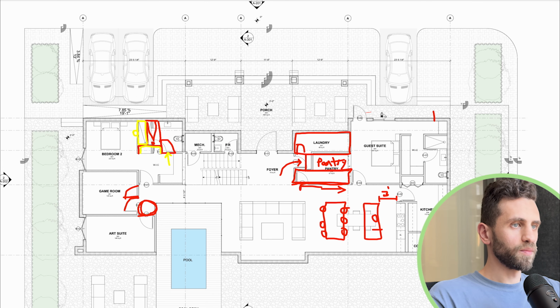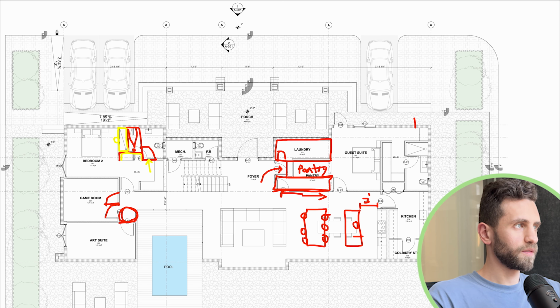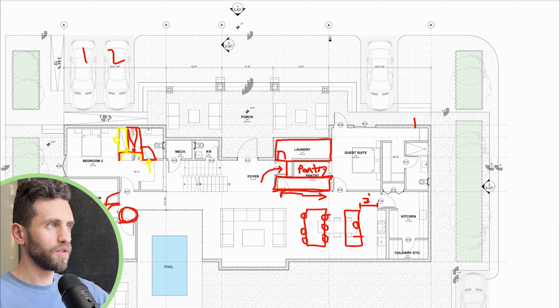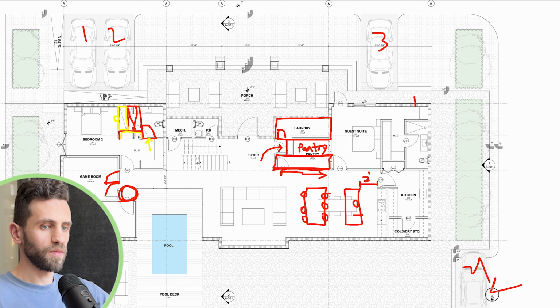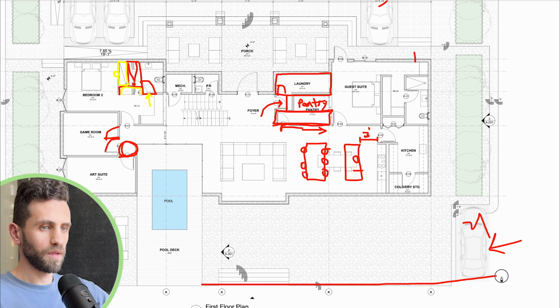What else can we improve? I think the number of parking spots, I can see here 1, 2, 3, 4. This one looks randomly placed here. So this is the deck. I think it goes all the way here.